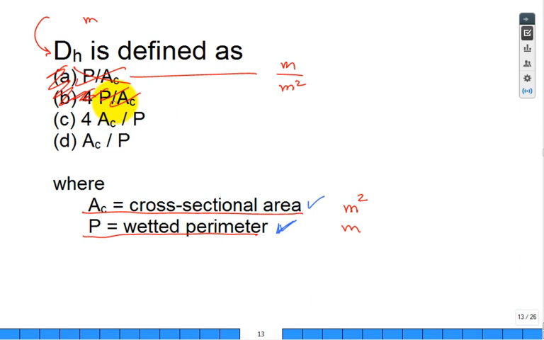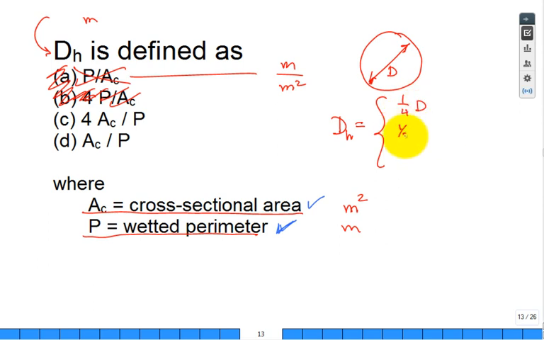Now the other thing is, if I have a round circular tube, and I say calculate the hydraulic diameter of the round circular tube, do you think it should equal the physical diameter of the tube, or should it be 2 times or 4 times or 1/4 of the physical diameter of the tube? I mean, what makes more sense to you? Should it be 1/4 of the diameter, or 1/2 of the diameter, or equal to the diameter, or 2 times the diameter, or 4 times the diameter?